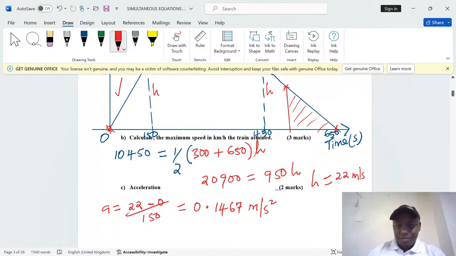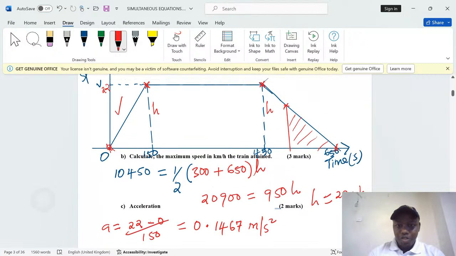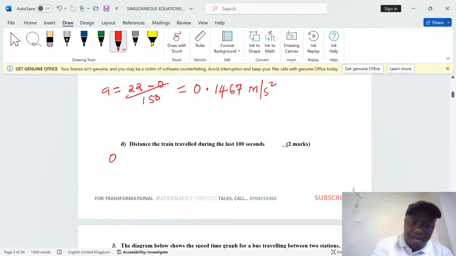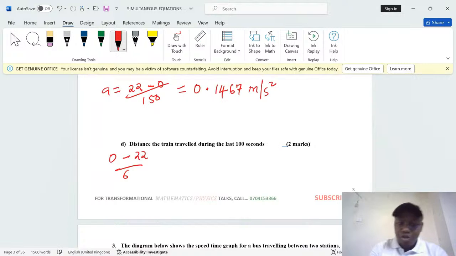Uniform deceleration is going to be, when we take final minus 22, out of 200.